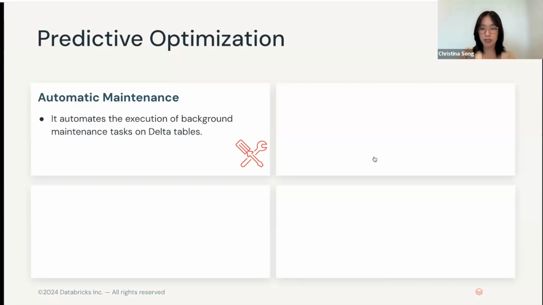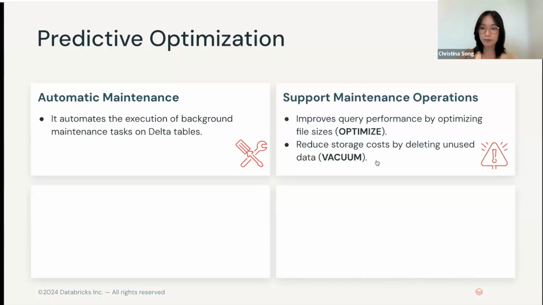But to talk about some of the key features of predictive optimization, first is automatic maintenance. You're able to automate the execution of background maintenance tasks on Delta tables, and this can eliminate the need for manual execution of maintenance commands, which can ensure continuous optimization without any sort of user intervention. It also supports maintenance operations like optimize and vacuum.